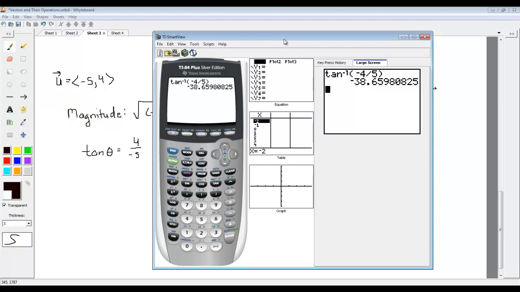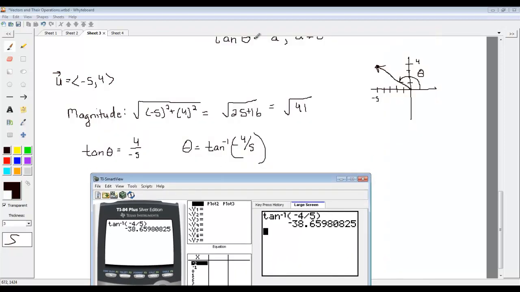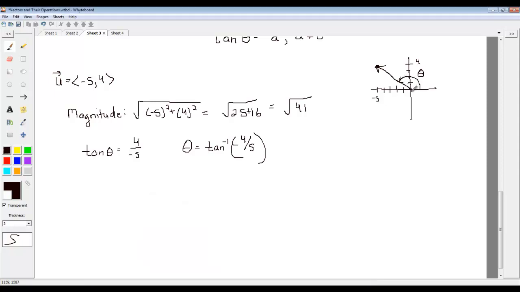They're giving us the inverse negative, but remember, when you're doing inverse tangent like that, from previous lectures, the angle has to fall somewhere from negative pi over 2 to pi over 2, or negative 90 to 90. But we're actually looking at this angle here in quadrant 2. So rather than looking at negative 38 here, we're going to need to add 180 to see what our angle is.